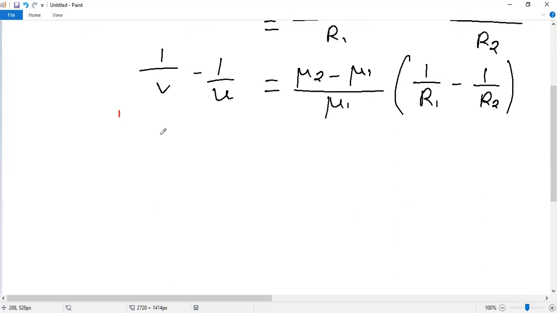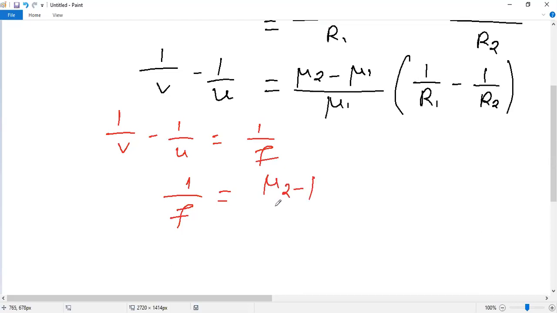1 by v minus 1 by u is equal to 1 by f. So in this step, I am writing 1 by f equal to mu2 minus mu1 divided by mu1 into 1 by R1 minus 1 by R2.